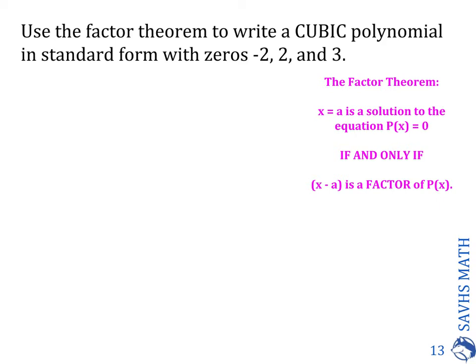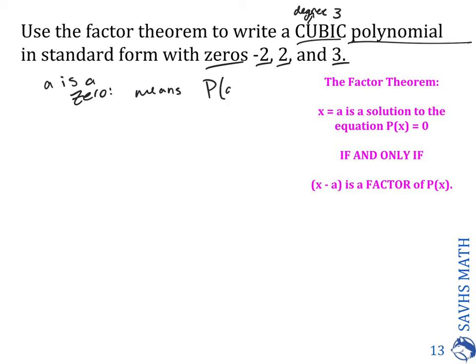Okay, so let's talk about what this actually means for us. Here I have some information about a cubic polynomial, which means it's degree 3. That cubic polynomial has zeros -2, 2, and 3. A zero means that if A is a zero, then P of A is equal to 0.